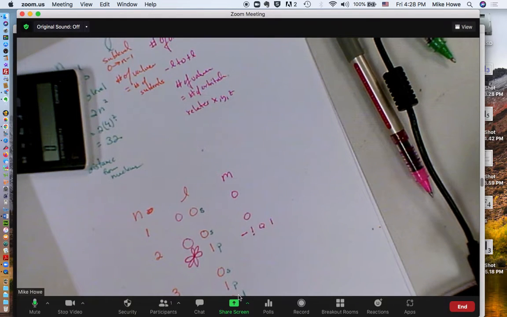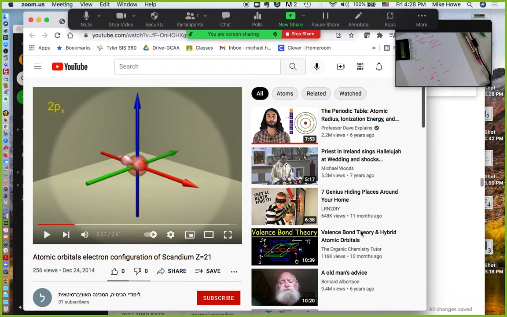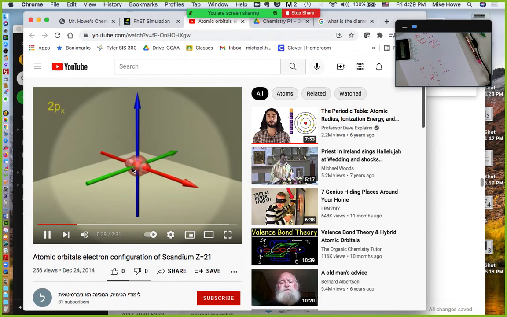All right, so let's go back and take a look at that again. So now moving on. This is the n equals 2, L equals 1, m equals 0 value, because that's on the y-axis. And n equals 2, L equals 1, m equals positive 1. It's on the z-axis. So now we're finished with the second energy level. It had the 2s and the 2p, and in the 2p there were these three orbitals.